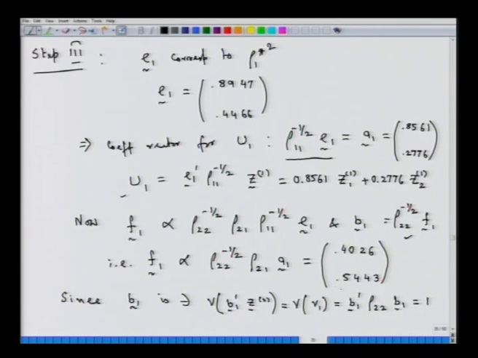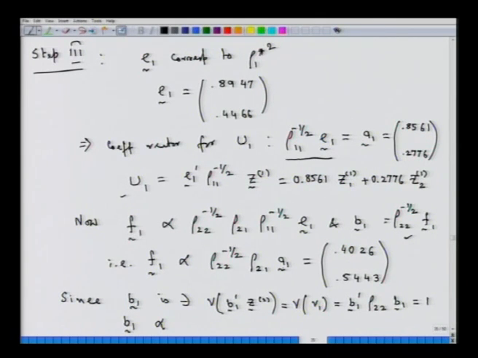So when we have obtained this term here, the corresponding B can be obtained so as to satisfy such a condition on whatever coefficient vector we are going to get. Because B1 is equal to this and F1 is proportional to rho 22 to the power minus half rho 21 times A1, we see that B1 is going to be proportional to rho 22 to the power minus half times this particular term.